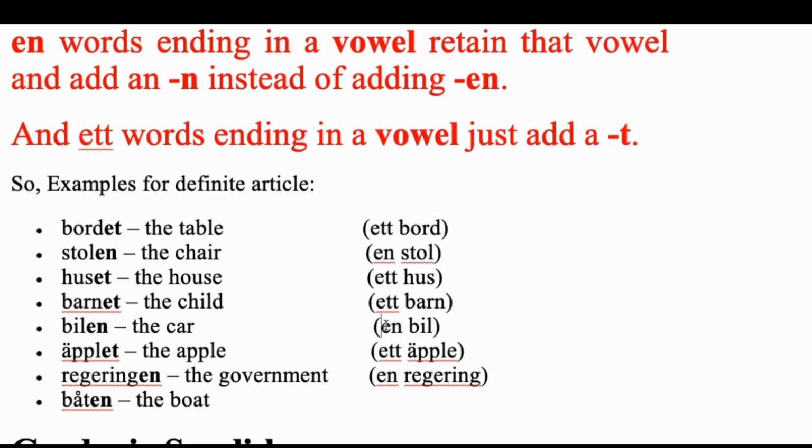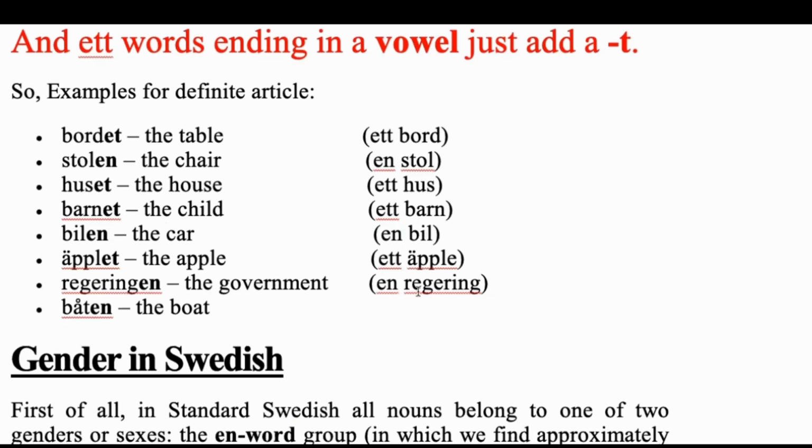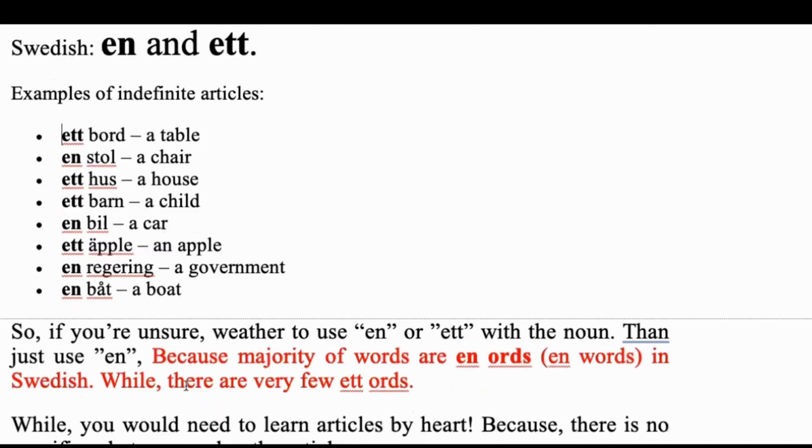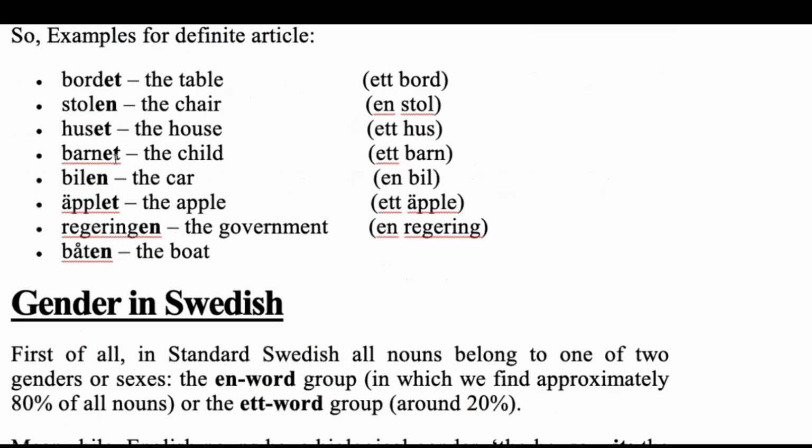Äpplet, the apple. Technically, this is an ett apple. Regeringen, the government. So this is en regering. We write en at the end. Båten, the boat. So that is an en båt, and this is my definite article. So these are indefinite nouns where we write the article on the left side, and these are definite nouns where I'm writing the article on the right side of the noun. Okay, that is the difference between definite and indefinite nouns.